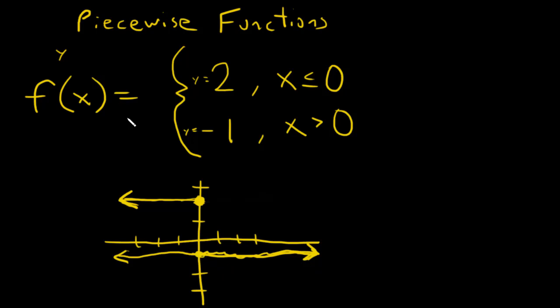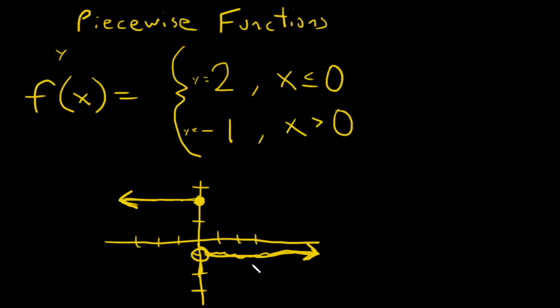So what do I do? Well, I want to erase all the values that are less than. So I grab my eraser and I erase this. Took a little chunk out that way. And now since it doesn't include 0, instead of a closed circle, I do an open circle. Okay?